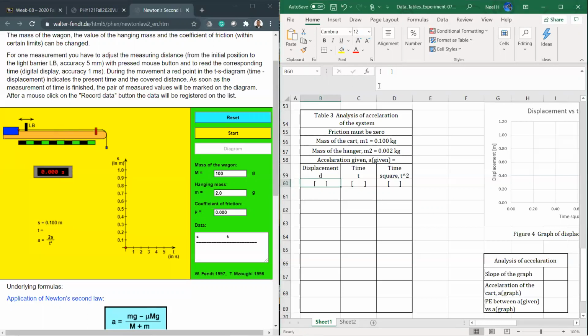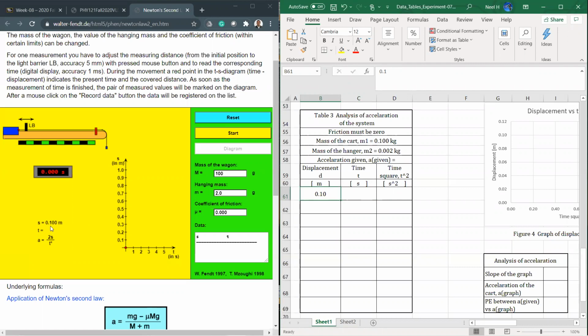Displacement is measured in meters, time is measured in seconds, and I also need time squared to make the graph, which is seconds to the power 2. Let's start the displacement at about 0.1 meter.